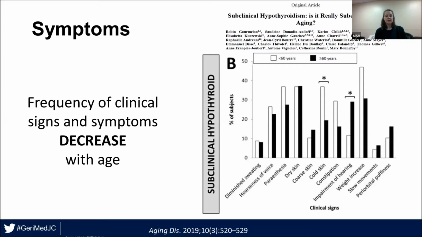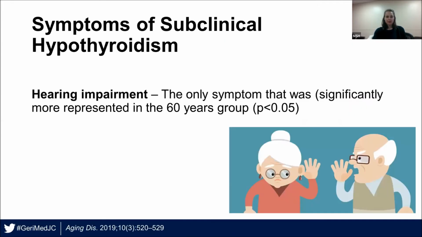And in the population over 60, they found that they had more periorbital puffiness, slow movements, hearing impairment, and dry skin. But obviously these are very non-specific symptoms. And the only symptom that was significantly more represented in the 60 years and older group was hearing impairment.